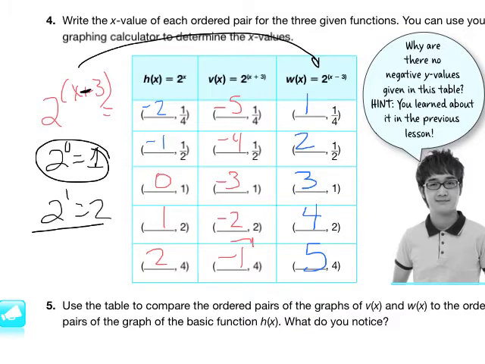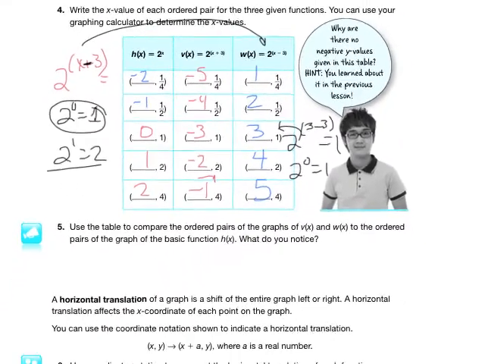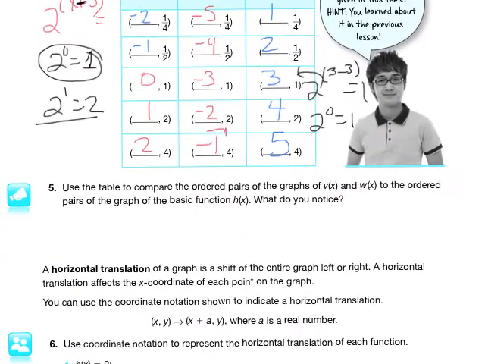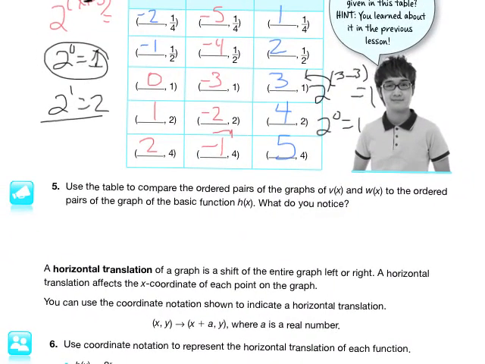So we're saying 2 to the 3 minus 3 equals 1, because 3 minus 3 is 0, and 2 to the 0 does equal 1. I used pattern recognition to figure out the pattern here. This is one way you can show that the graph shifts to the opposite way of what's going on with the x. Now go ahead and answer this question. Go ahead and pause it right here.